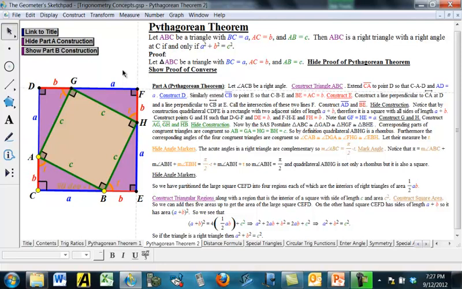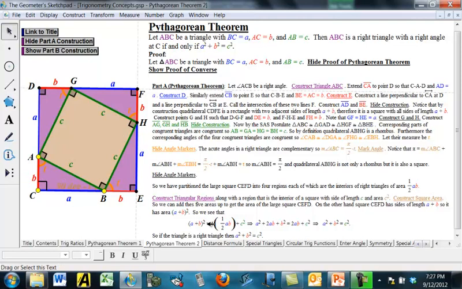Plus we have the area of the square, which is C squared. So the area of the big square, the square CEFD, is these 5 areas added together. But it's also the area of a square, because the way we've got it made, that's definitely a square. And so the big square has side length A plus B. So the area of the big square is (A plus B) squared.